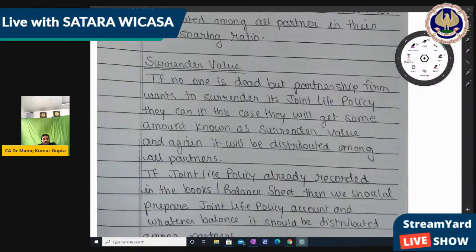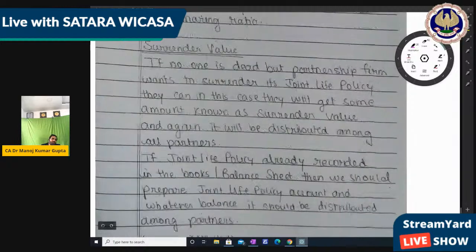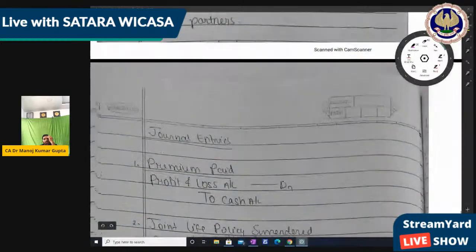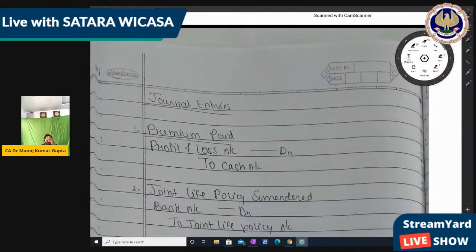If the joint life policy is already recorded in the books, that means we already have a joint life policy account in the balance sheet, then we should prepare the joint life policy account, and whatever balance remains will be distributed among partners in their profit sharing ratio. This is the treatment for joint life policy.